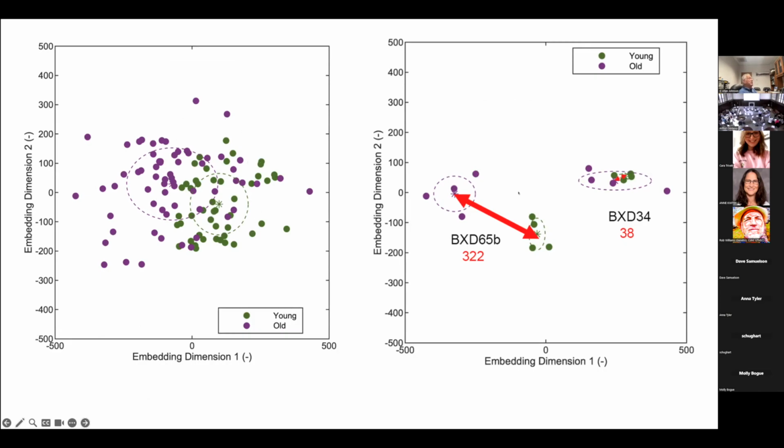When we begin to sequester just a given strain, we look at the BXD65 and we see the separation. First of all, we see clustering that's a little bit tighter for the younger animals. It disperses with age and separates. This unit, the embedding dimension, is defined by the range of studies that you're looking at. So the BXD65 was mapped at the same time as the BXD34, and you see that the BXD34 does not separate much at all, but the BXD32 does.